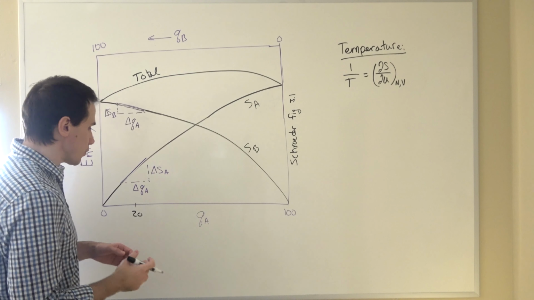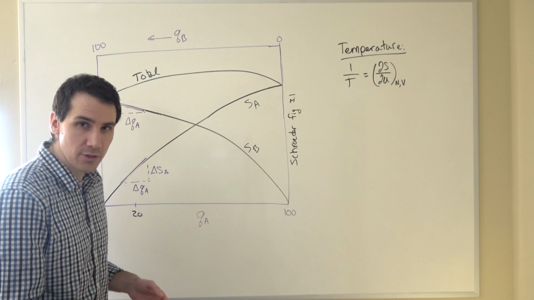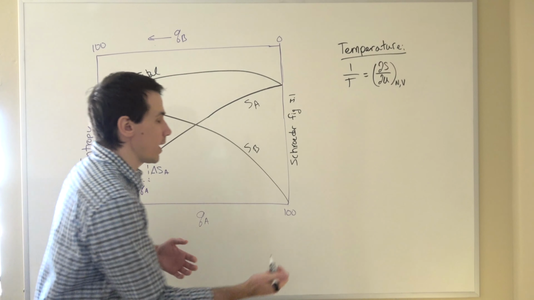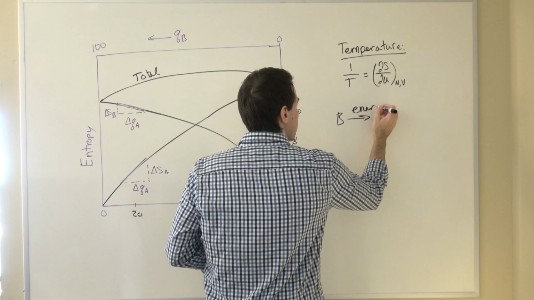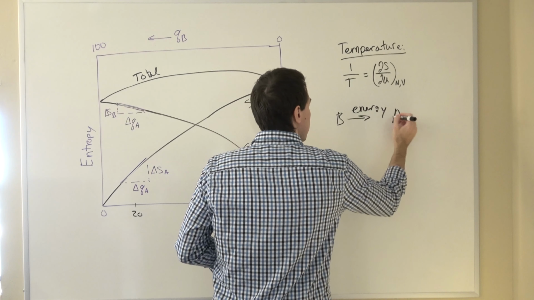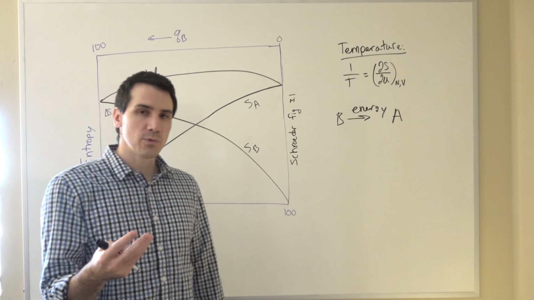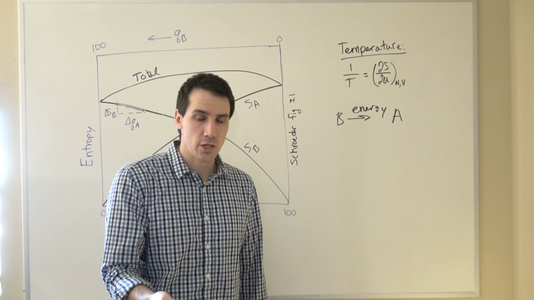At 20 units of energy, we're going to trade a little energy from B to A. So we're going to take from B and send energy to A. And what we want to do is see how the total entropy of the system changes.